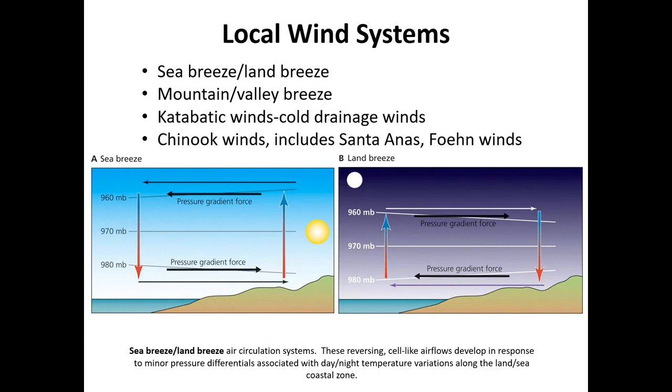When it gets colder, the system reverses itself, and then you tend to have wind moving from the land towards the sea at night. So if you ever hear of a breeze, sea breeze, land breeze, the name is where the wind is coming from. So a sea breeze is coming from the sea. A land breeze will be wind coming from the land towards the sea.